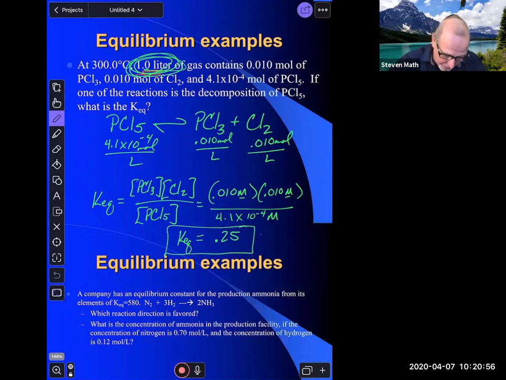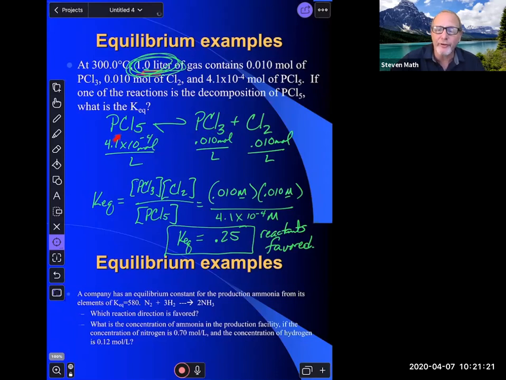So what we would say is the reactants are favored. What does that tell us? Well, it tells us that PCl5 is more stable than PCl3 and Cl2 separately. If we were to put these two together as reactants, that would proceed very well towards PCl5.